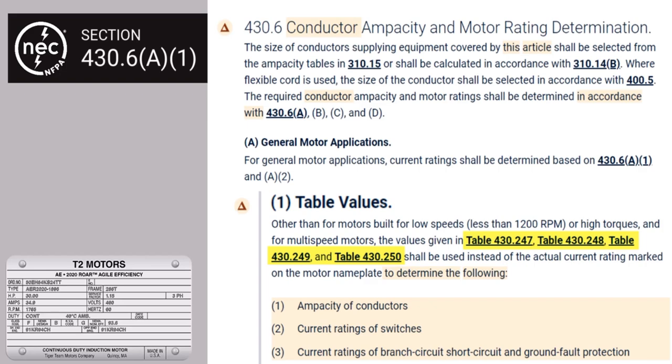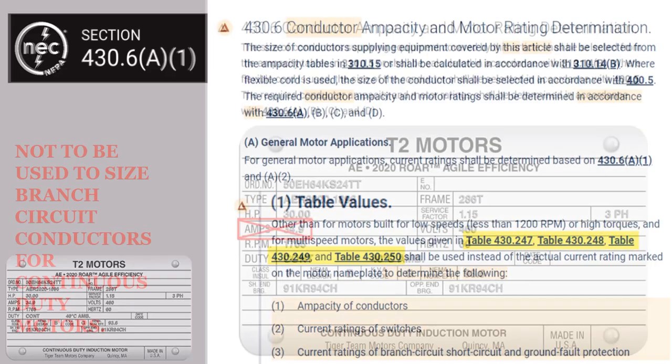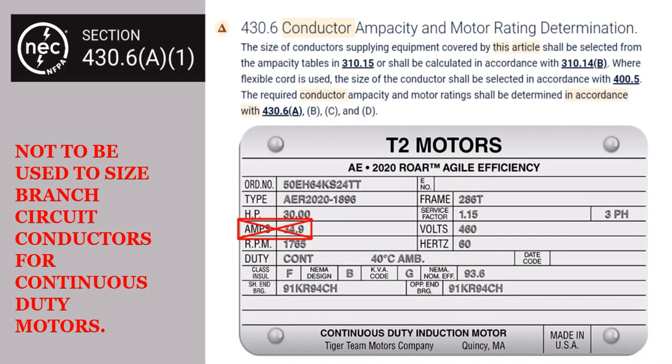Other than for motors built for low speeds or high torques and for multi-speeds, the values given in Tables 430.247, 248, 249, and 250, all of your tables in your code book that are dealing with the ampacity of motors, is where this is coming from. So, not to be used to size branch circuit conductors for continuous duty motors. That's a nice little caveat too.